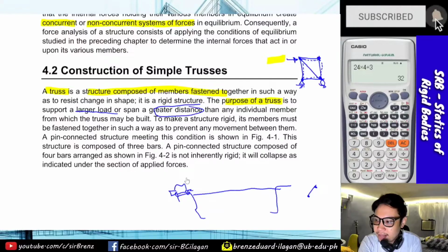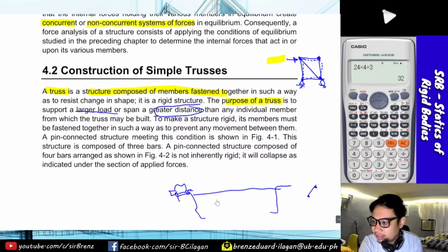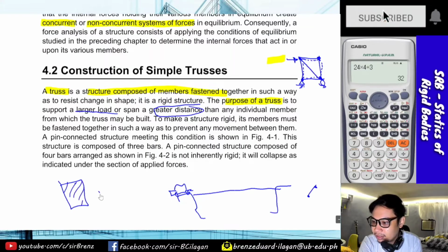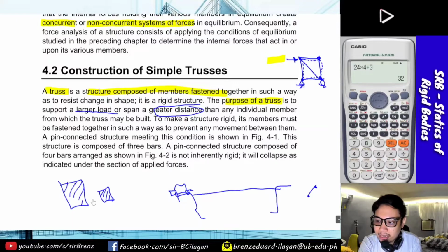Kumbaga, pangit namang kasi na iba't iba yung size nung truss. So, maaaring dito, ganitong kalaki yung dapat mong ilagay, while dito, mas maliit. Though nangyayari naman yan, iba't iba, pero kapag yung mga main member yung kino-consider, syempre maganda, mas pare-pareho sila.